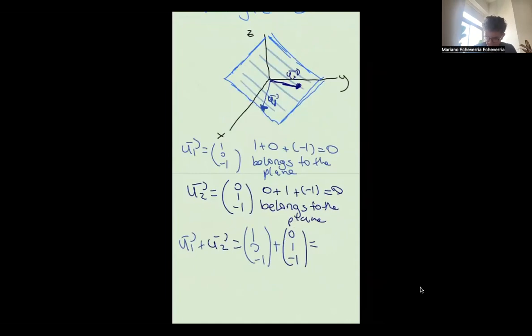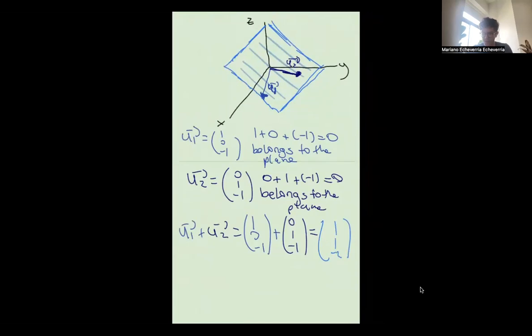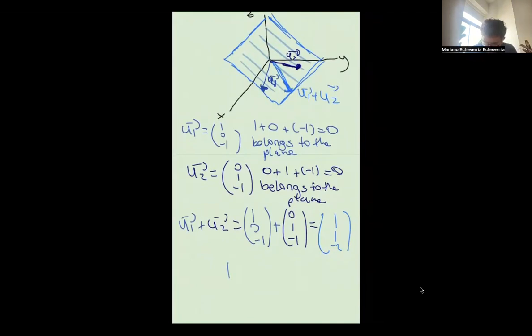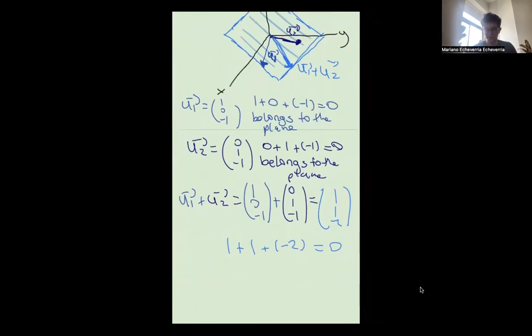It gives you 1, 1, negative 2, right? If you look at that, it is more like a negative in the c direction. But does it belong to the plane? Yes, because if you add its entries, you get 0 again. So for this plane, adding two vectors or two solutions gives you a new solution, a new vector, which still satisfies the original plane.